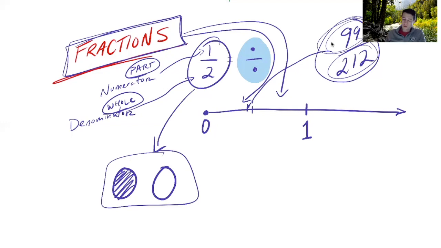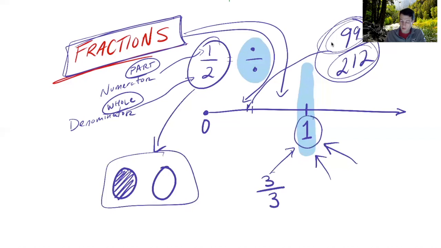Now, after we go past 1, well, first of all, let's stop here at 1, because 1 can be represented by a billion, zillion different ways. Remember, any fraction where the numerator and denominator are the same number is equal to 1.